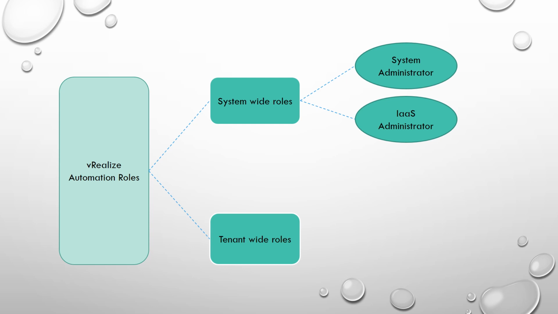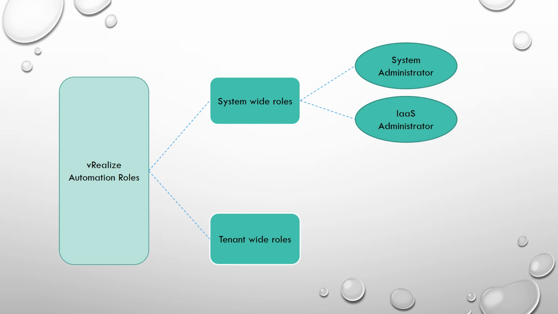Generally, all user roles are assigned in the context of a specific tenant, but some roles in the default tenant can make changes to the system-wide configuration, which will apply to multiple tenants. The system-wide roles are typically assigned to an IT system administrator.